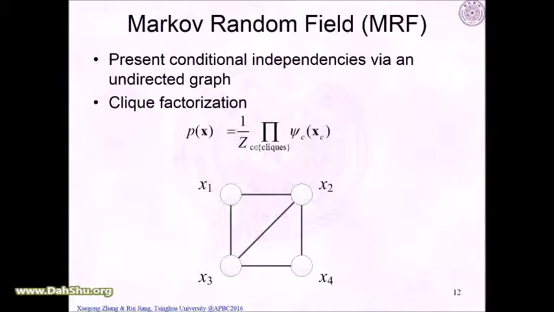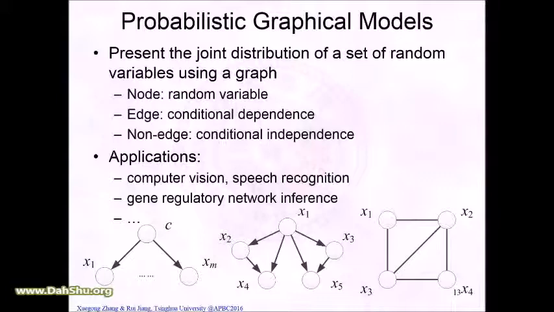But for those where there can be a dependency, we have an edge, but we don't know the direction of the dependency. This is another graphic view. So this gives us a whole family of the so-called probabilistic graphical models, that is, using directional or undirectional graphs to represent the dependence between random variables.